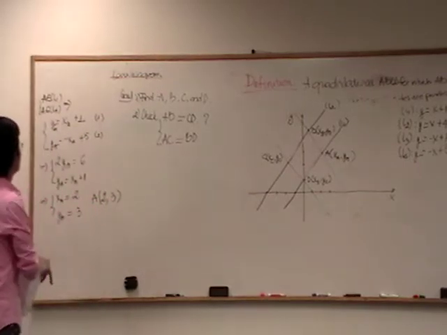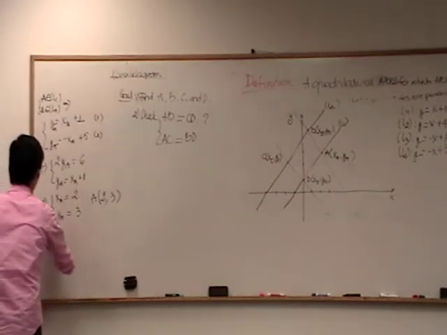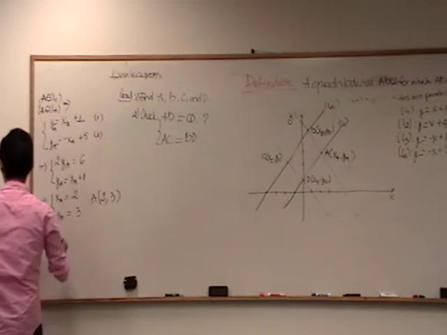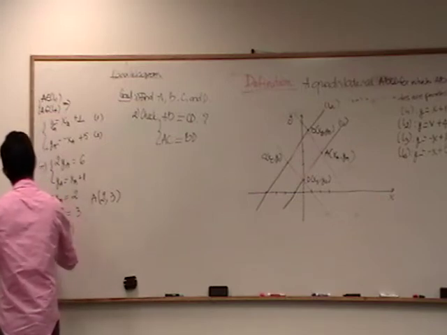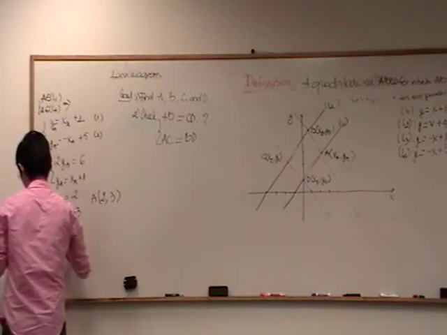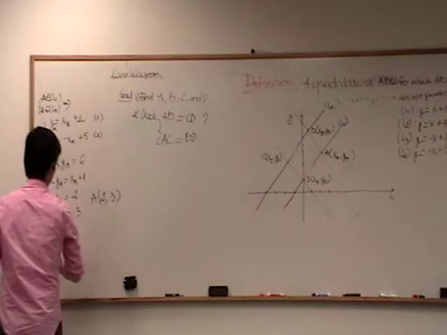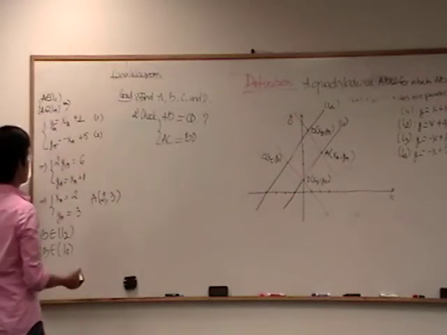So we have point A with X equal 2 and Y equal 3. And similarly, we will figure out point B, which belongs to line 2 and to line 4. Just plug in and do the same thing. I think you can do it.